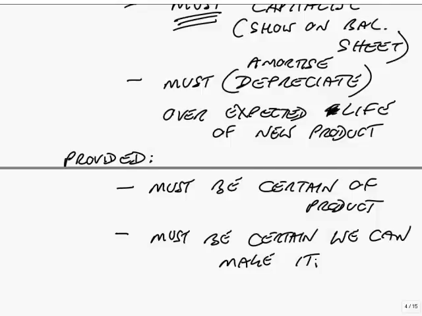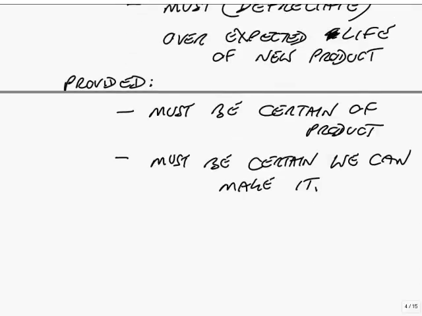You know, if this needed some special material that we can't even buy, then it's rather irrelevant. We've got to be certain what the product is. We've got to be sure we're going to be able to make it. You must be certain you'll be able to sell it. People will buy.